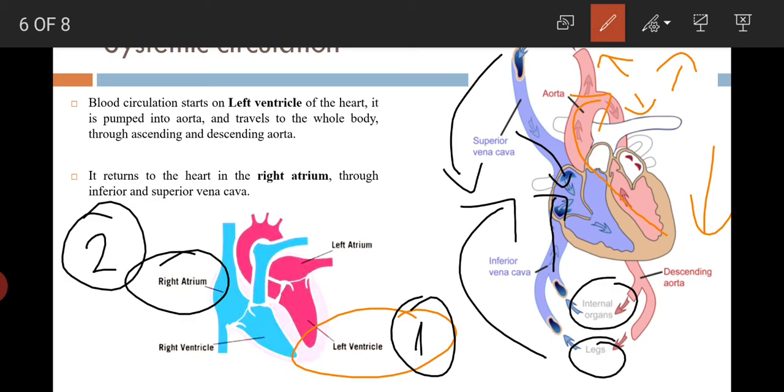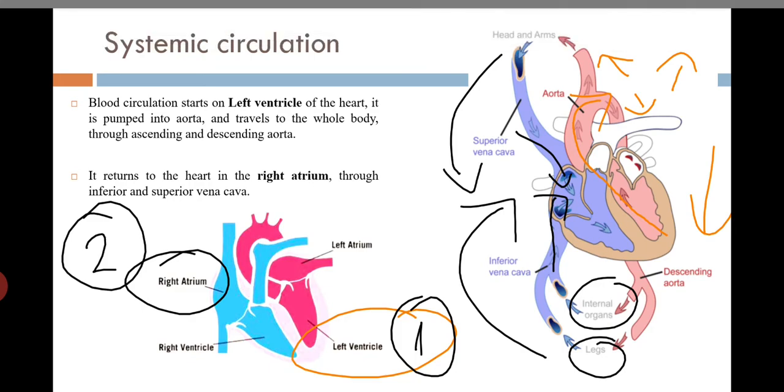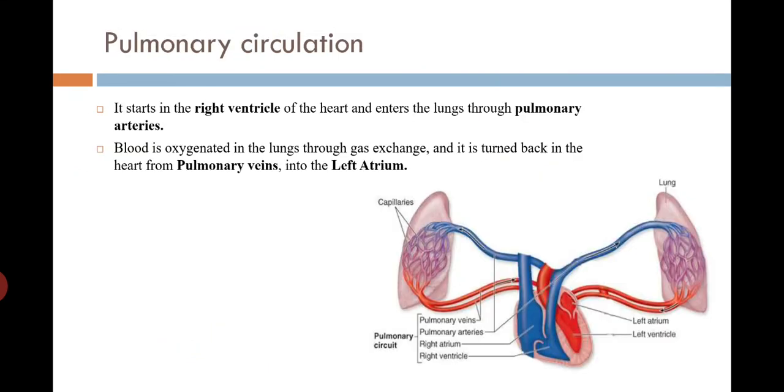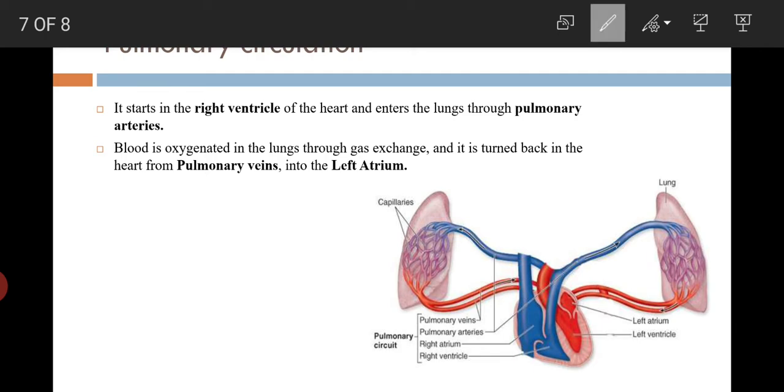After the systemic circulation, the blood flows from the right atrium to the right ventricle. Then the pulmonary circulation starts. It starts in the right ventricle and enters the lungs through the pulmonary arteries.